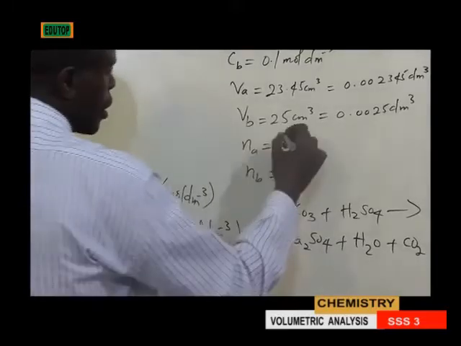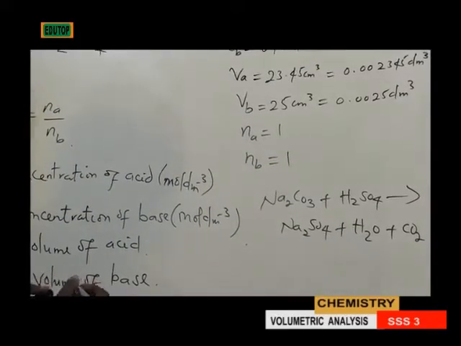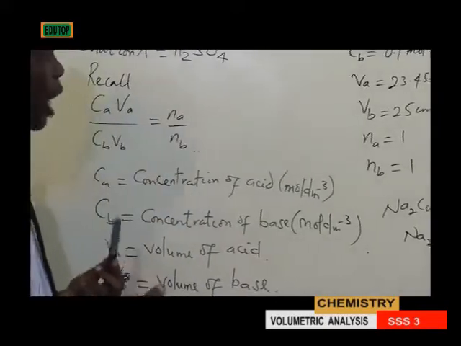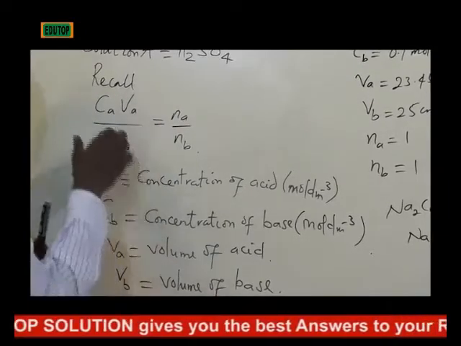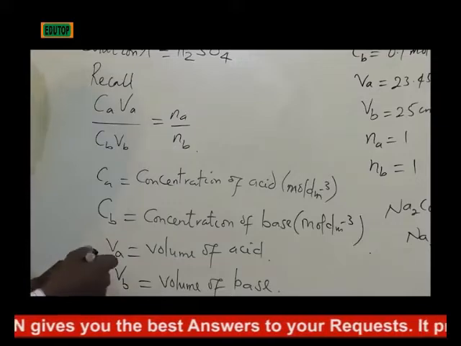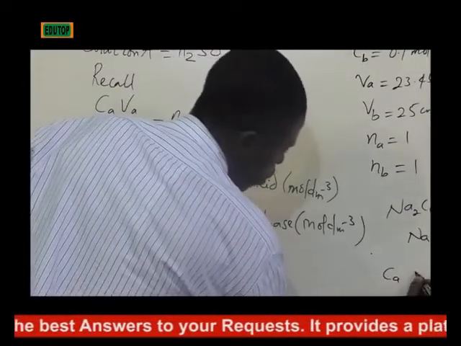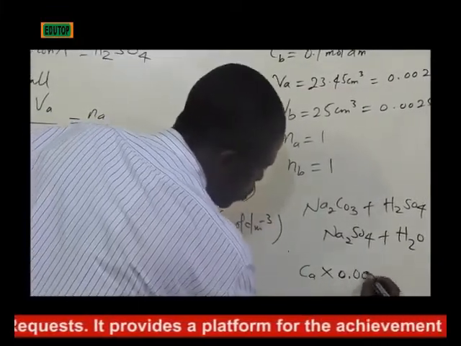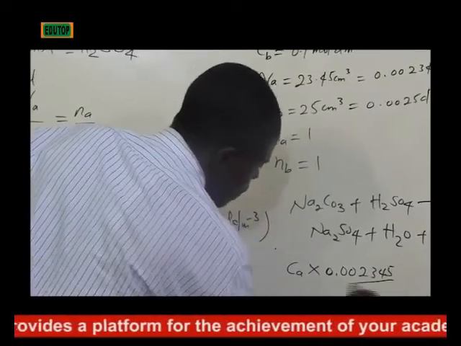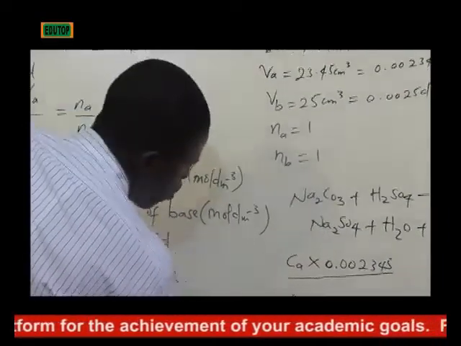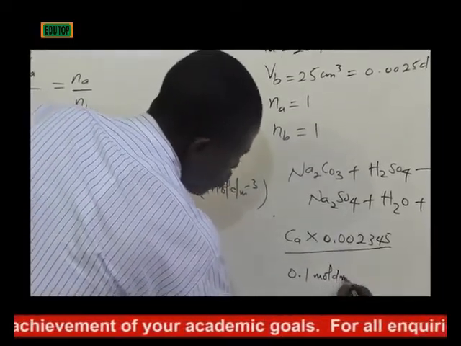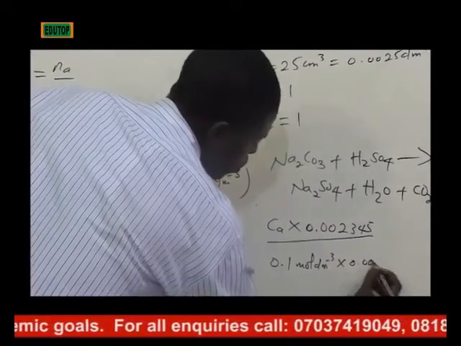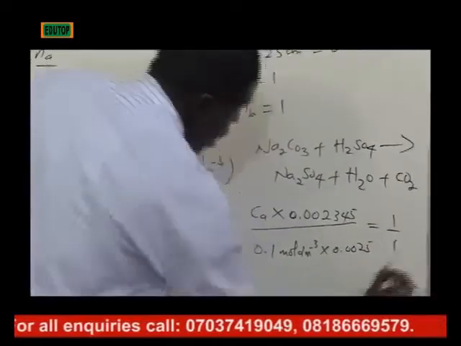So in this situation, it is a 1:1 ratio, resulting in this formula for calculating the concentration of acid: Ca, which is not known, times Va, 0.002345, divided by Cb, 0.1 mole per dm³, times Vb, 0.0025, equals 1:1.